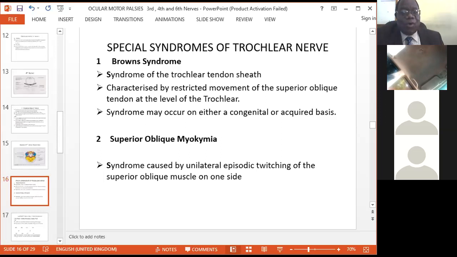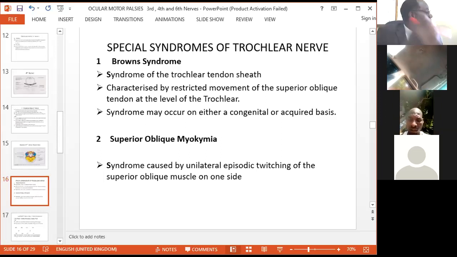The syndrome may occur on either congenital or acquired basis. Superior oblique myokymia syndrome is caused by unilateral episodic twitching of the superior oblique.